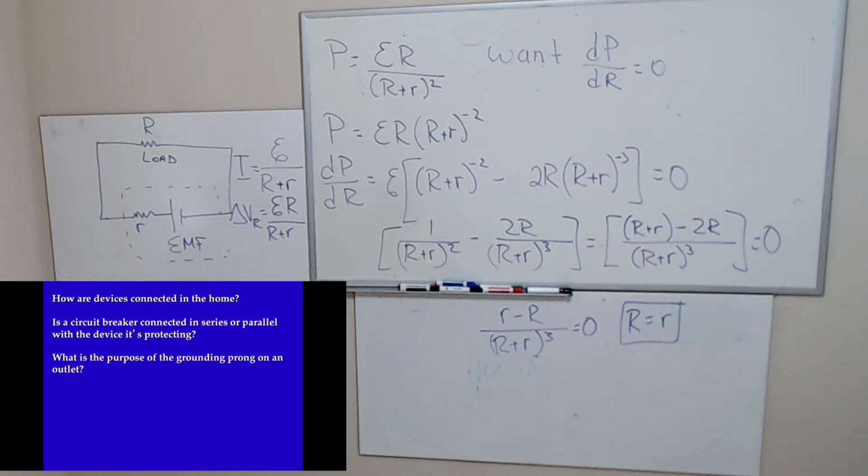You get killed. People used to get killed from them. And so they came up with the idea of grounding. So now they ground the chassis. If there is a short and you touch it, you have a higher resistance, so the current won't go through you. So that's a safety thing.